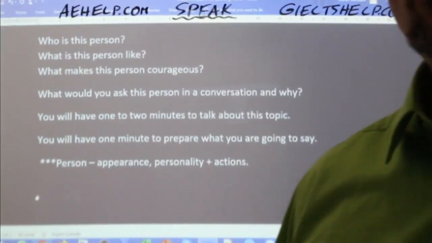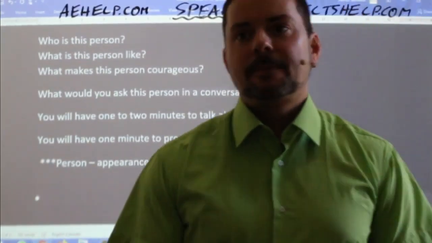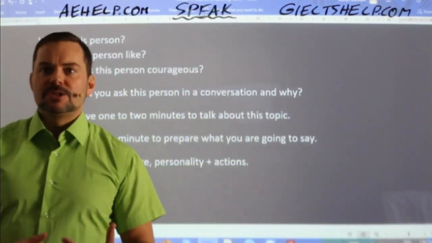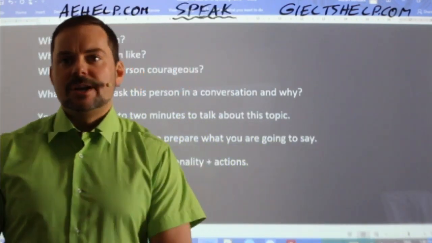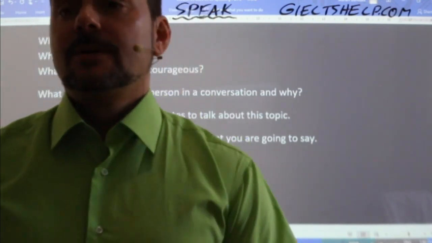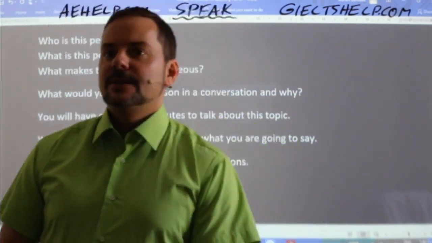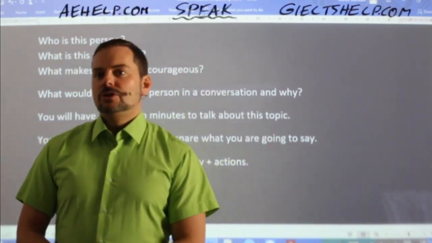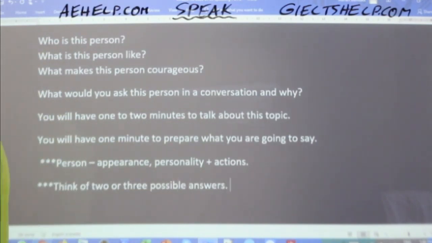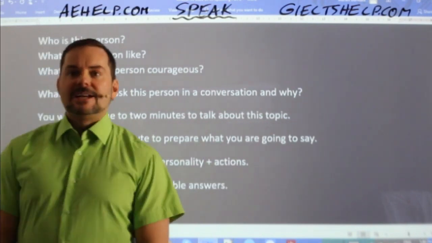So we figured out the appearance, personality, and so on. What's our next step? Think about 2 to 3 people, right? So think of 2 or 3 possible answers. That's what you want to do.